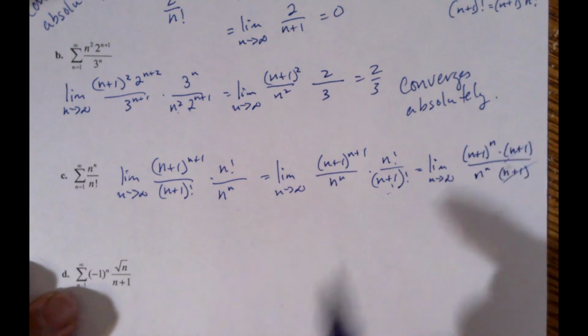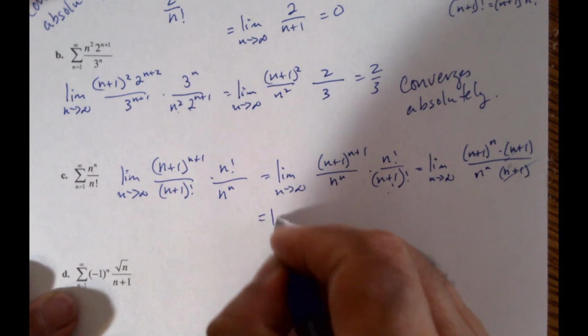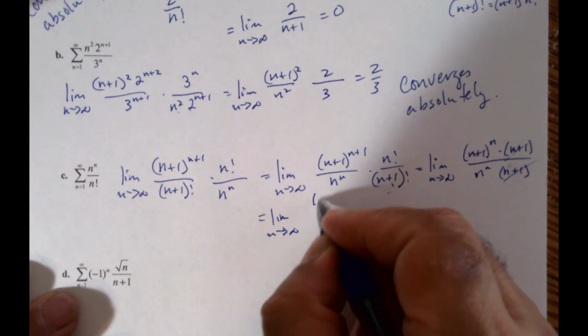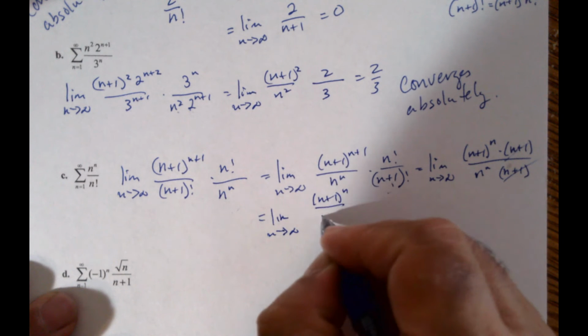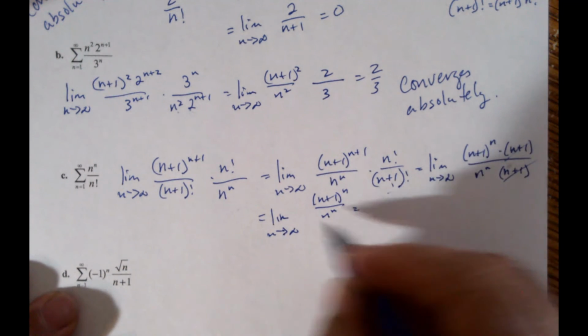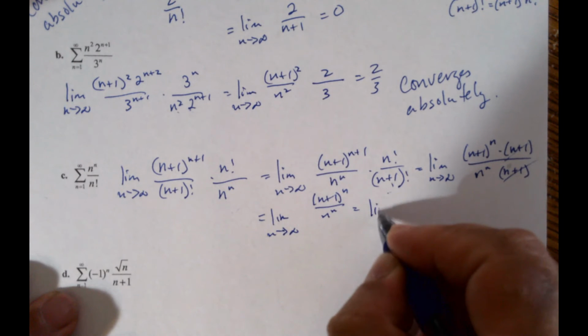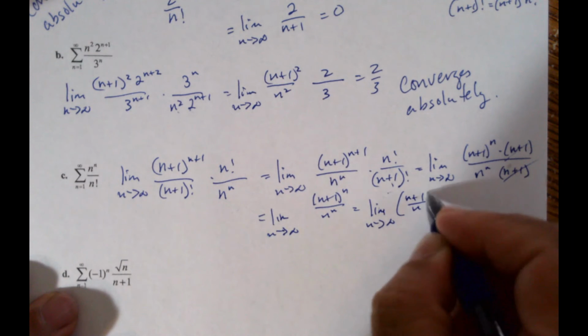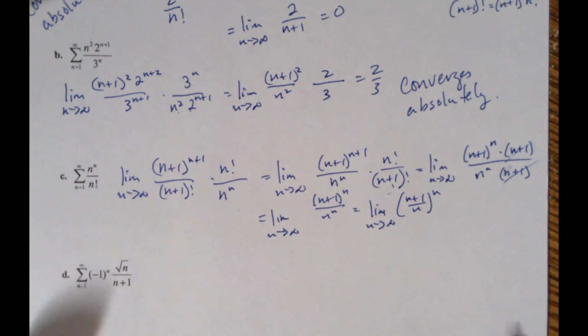So what I have now is the limit as n goes to infinity of n plus 1 to the n over n to the n. Okay, now what you may not know is that this is equivalent to the limit as n goes to infinity of n plus 1 over n, to the n, right? If you have the same exponent, you can rewrite it like that.